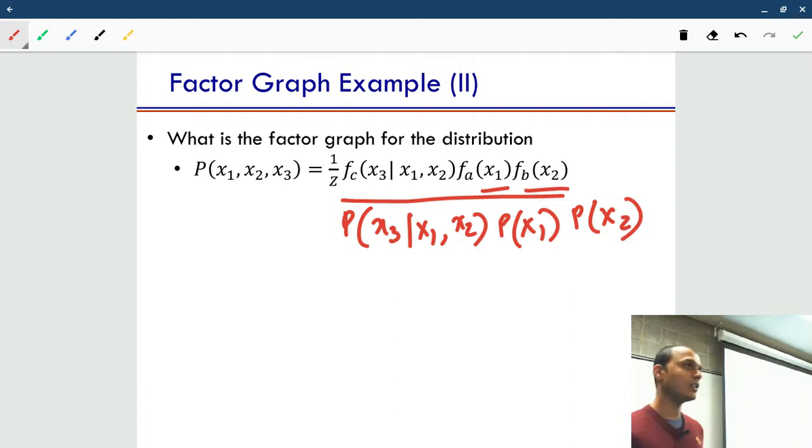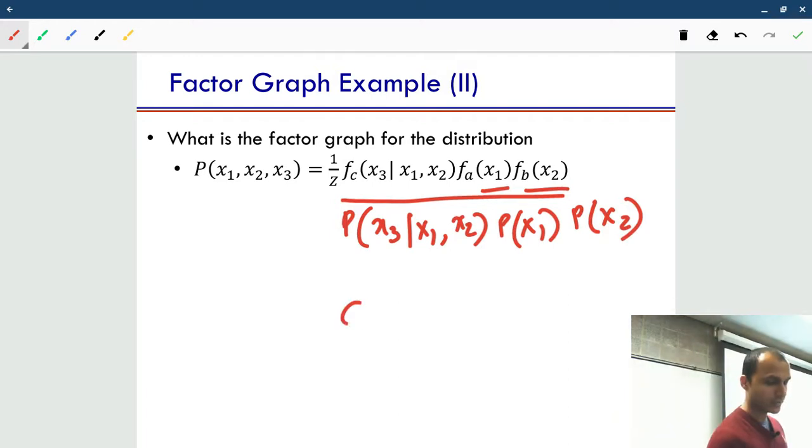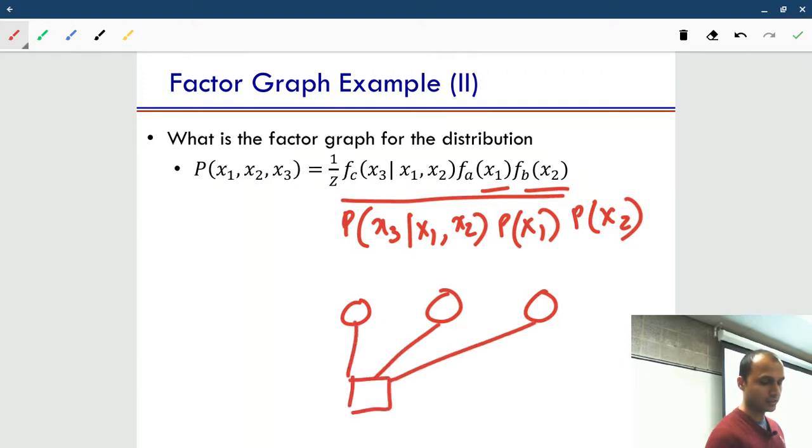So for this also you know how to draw the graph, right? So what would it be? You have x1, x2, and x3, and all 3 of them have a factor, a square node, and there's a square node corresponding to this one, and a square node corresponding to this one. Actually, it's fine. Let's call this x2, x1, and x3.